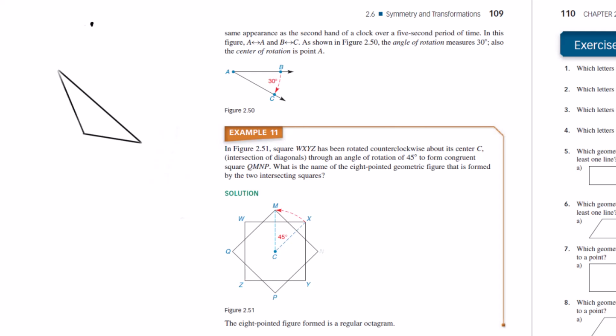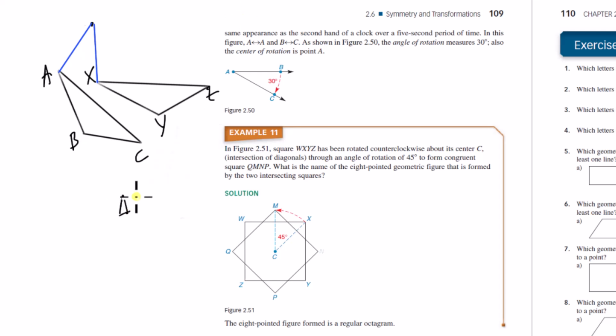So let's see. There we go. So if we draw a line here, those are corresponding points, right? We just transformed, let's say, triangle ABC to triangle XYZ. So triangle ABC was transformed to triangle XYZ by a pure rotation.